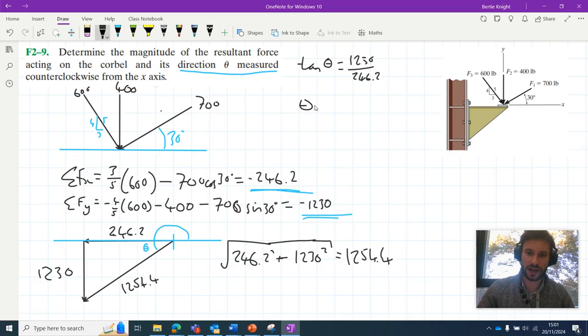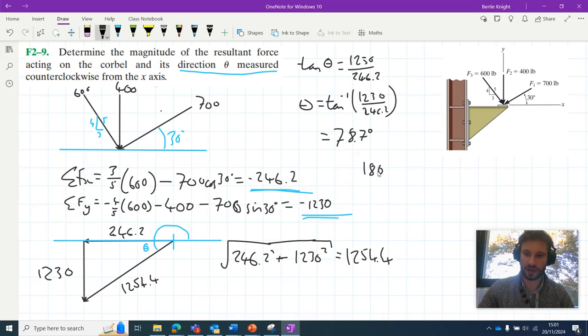We can then say that theta is the inverse tan, taking the inverse tan of both sides here, of 1,230 all over 246.2, which gives us a value of 78.7 degrees.